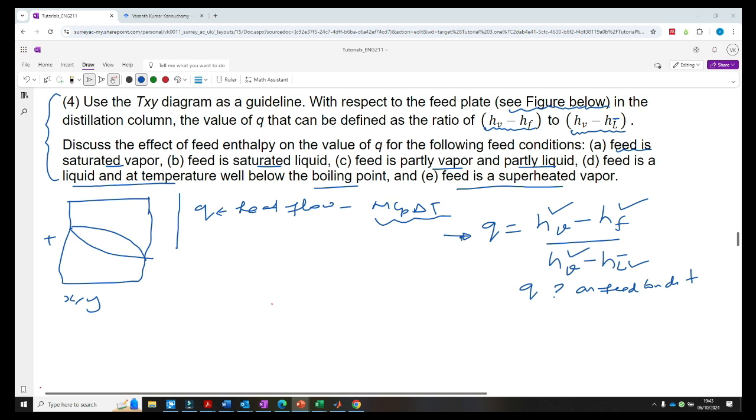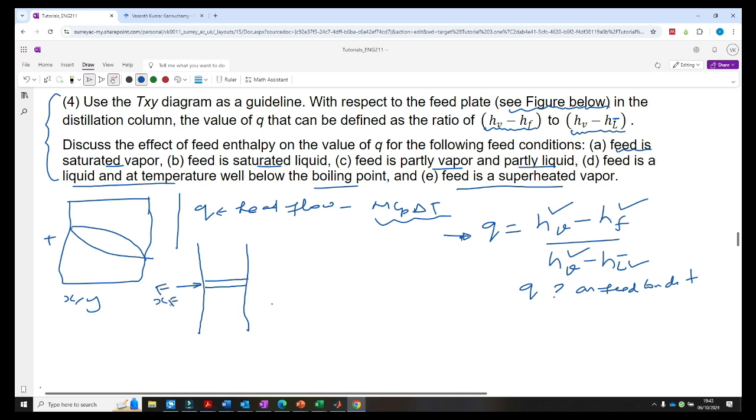The material balance is very simple. So for that, let's draw the column. We don't have to draw the full distillation column because we are worried only about the feed plate at the moment. So this is the column and that's the feed plate, and let's say F is the entering flow rate.